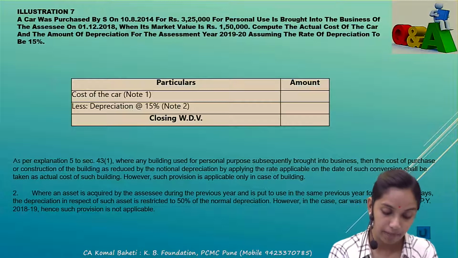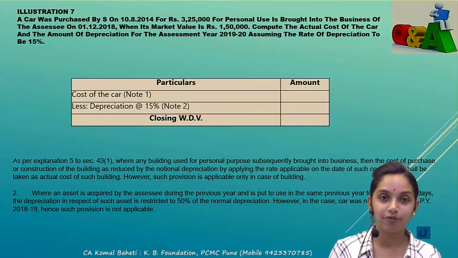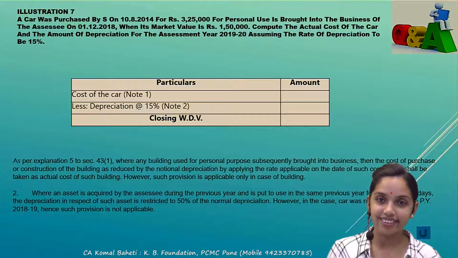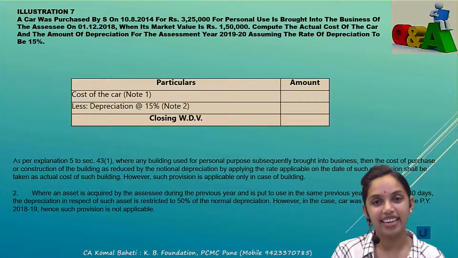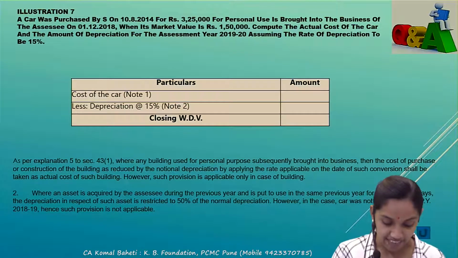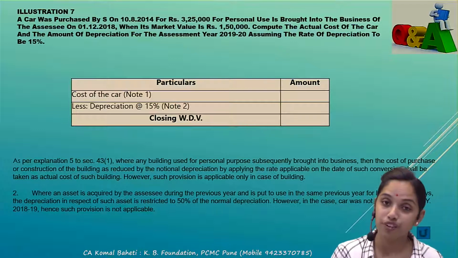Then for the motor car, that clause is not applicable. That is only for the building. A car was purchased, used personally, and then introduced into the business of the assessee as on the 1st December 2018.